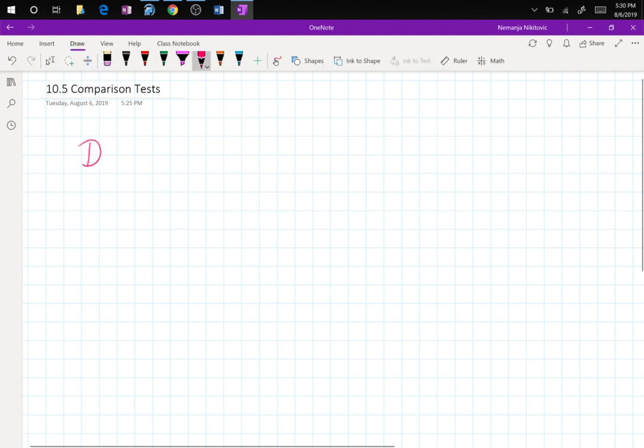But as I said, if you can use some other test that is more straightforward, then use that test and leave this as a last resort when everything else fails. So, two comparison tests. The first one is the direct comparison test. So let's go with the direct comparison test first.